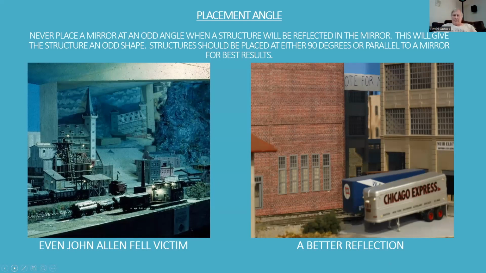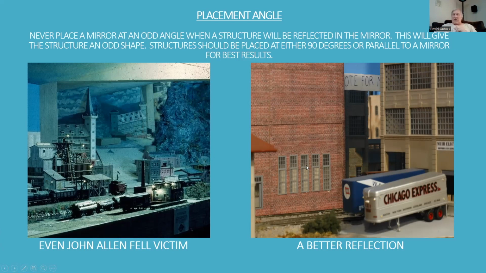John Allen, who was sort of the dean of model railroading, actually fell victim to it on one of his mirrors. I don't know if he was going to have scenery blocking that mirror or that image, so there'd just be hints of buildings in between. You can see where this image is canted at a weird angle where it should be straight.